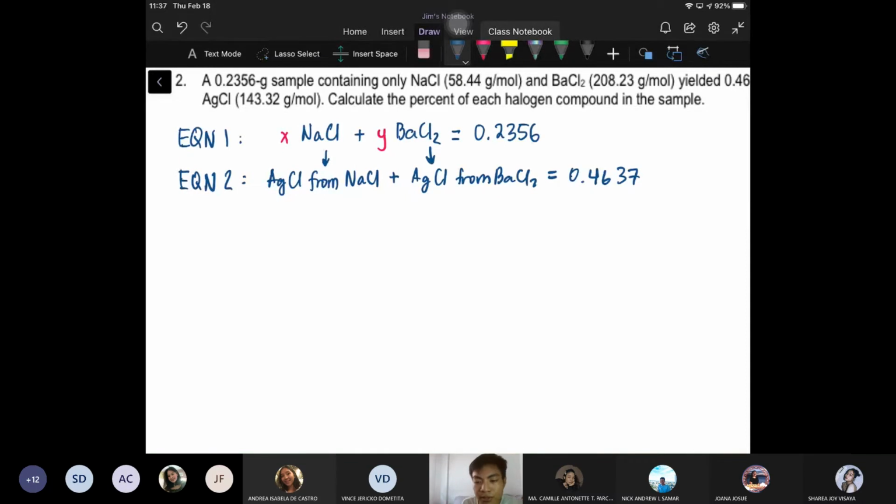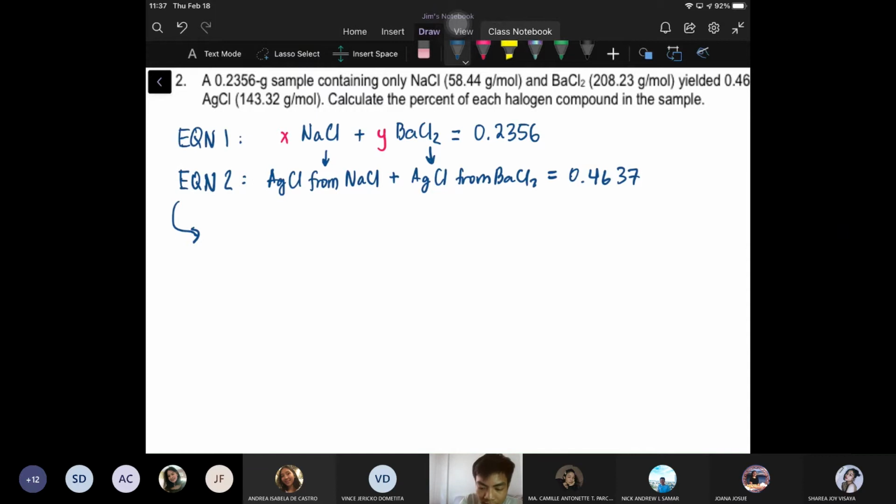So suppose we have x gram of NaCl. How will you solve for the mass of AgCl from NaCl? Let's set up an equation. We convert this x gram NaCl to AgCl.